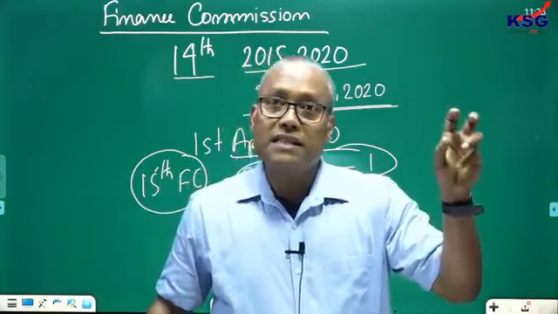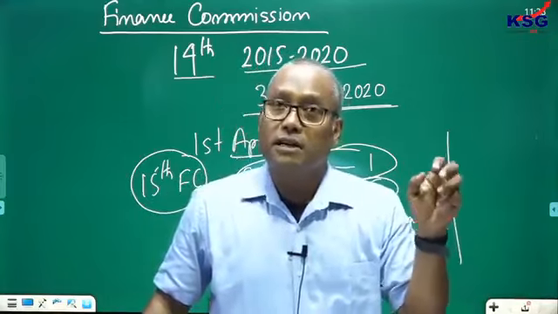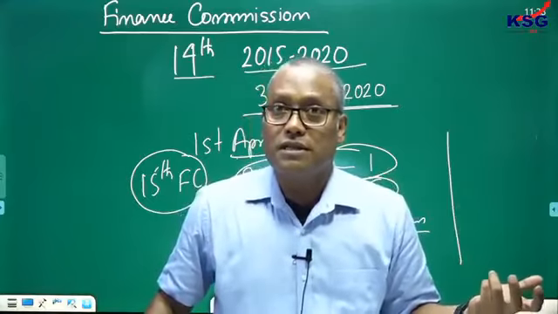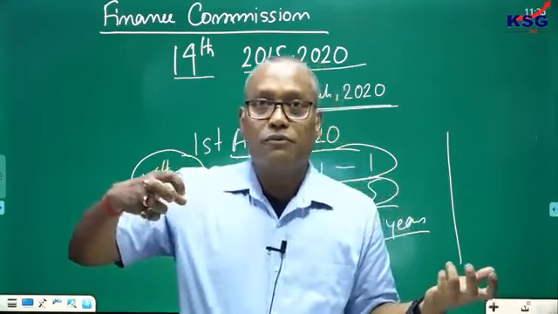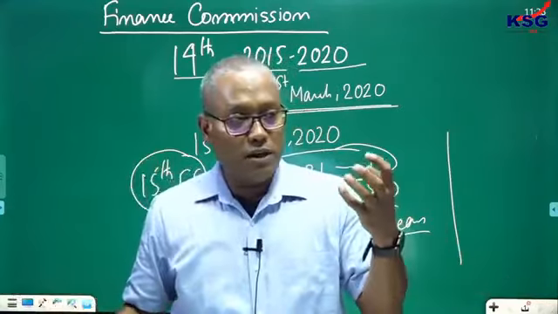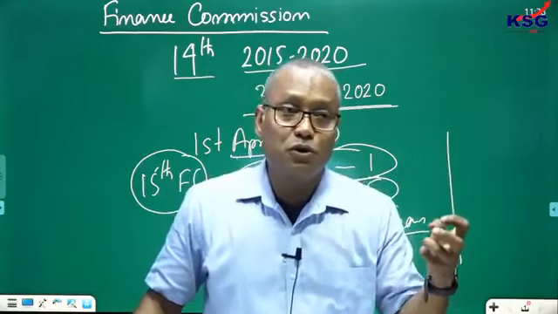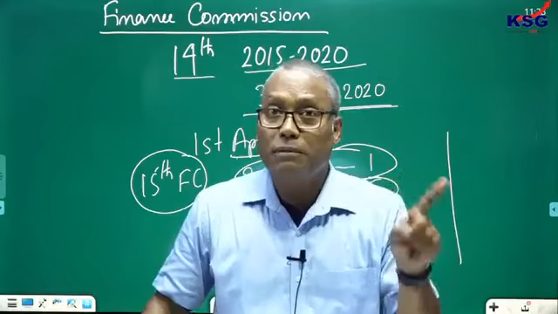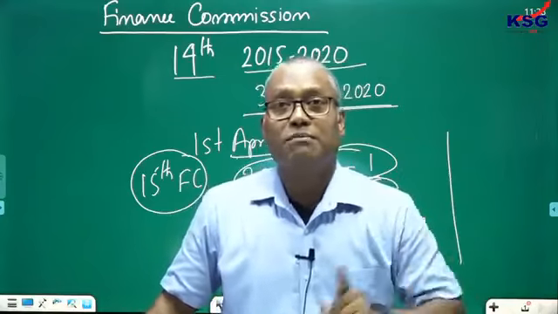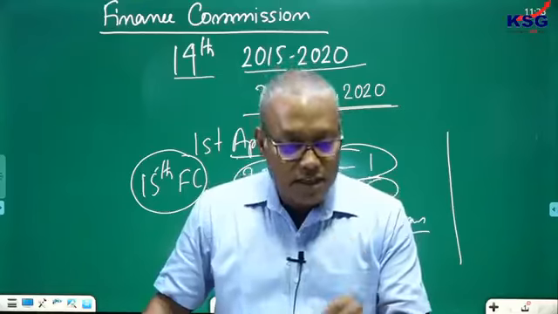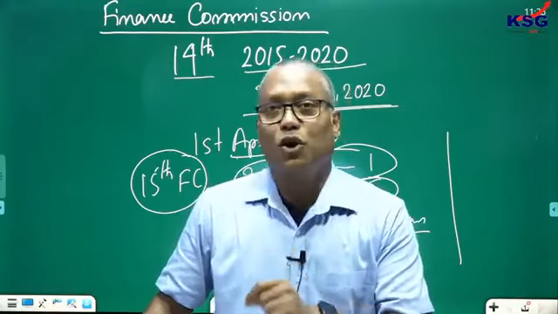So planning assistance is given by the center to states from central resources. After division among the states, from the amount left with the center, the center gives you funds for implementation of the plan, which is known as planning assistance. But this amount really depends on the central government's wish.